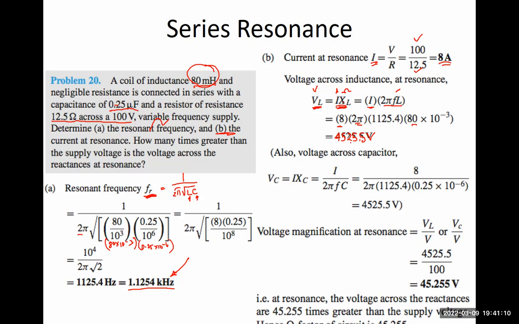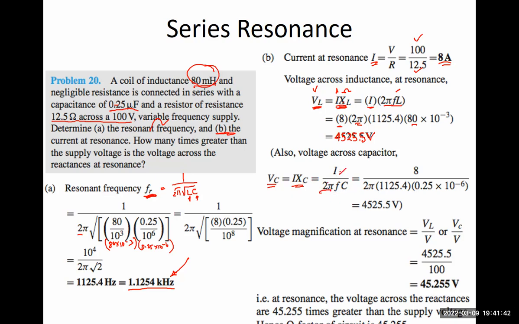So we could also determine VC, okay, or the voltage across the capacitor by using the formula current multiplied by the capacitive reactance. So capacitive reactance is given by 1 all over 2 pi FC, actually. And that is multiplied by current, so that is current over 2 pi FC. Okay, we have current of 8 amps. This is constant.